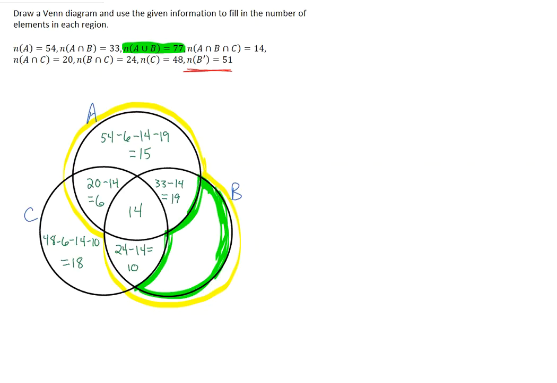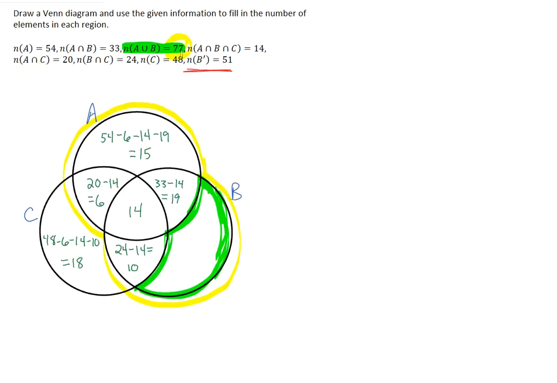The reason we can use that is we have values for every region in that union set except for the one we need. So what we need to do is take all of those values and subtract them from the total that we know up here.